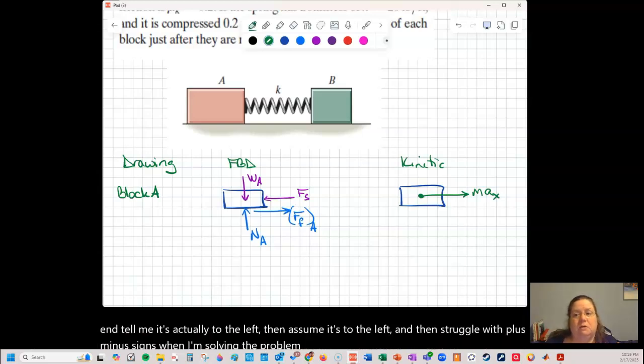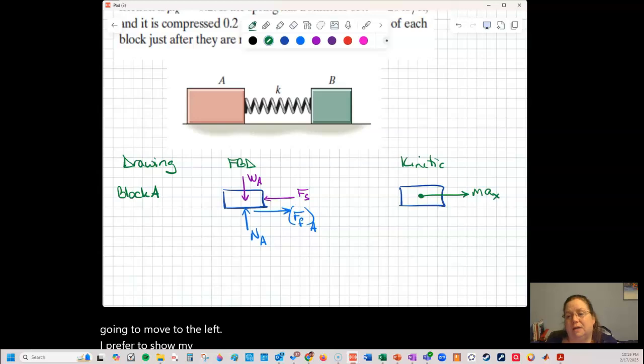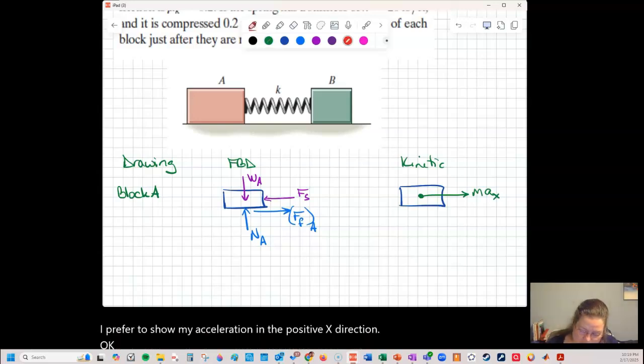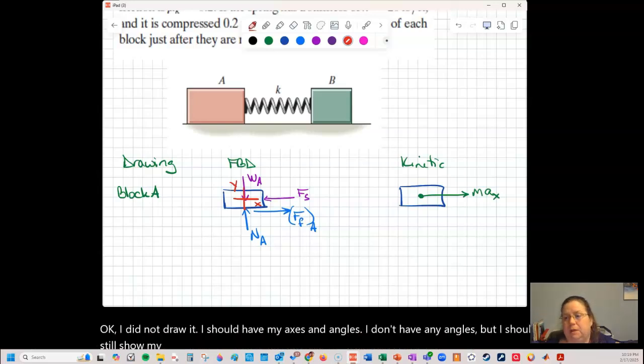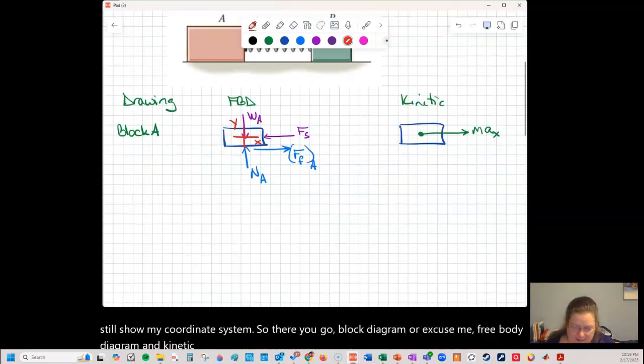So even though I know that intuitively my block is going to move to the left, I prefer to show my acceleration in the positive x direction. Okay. I did not draw my axes and angles. I don't have any angles, but I should still show my coordinate system. So there you go. Free body diagram and kinetic diagram for block A.